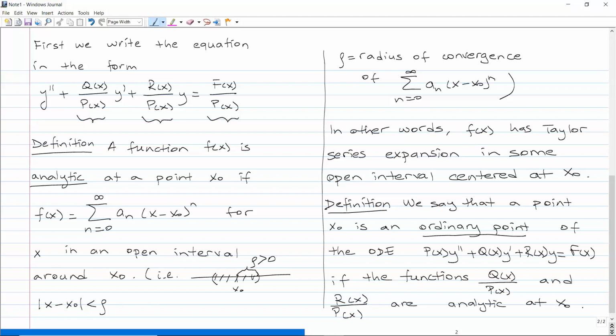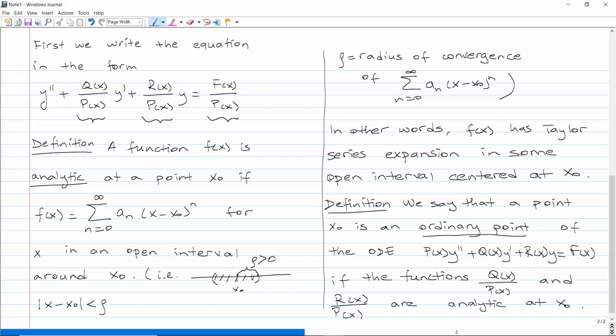When we have an ordinary point, as you are going to see in the examples, it is going to be very simple to find the Taylor series expansion of the solution of a linear ordinary differential equation in this form.